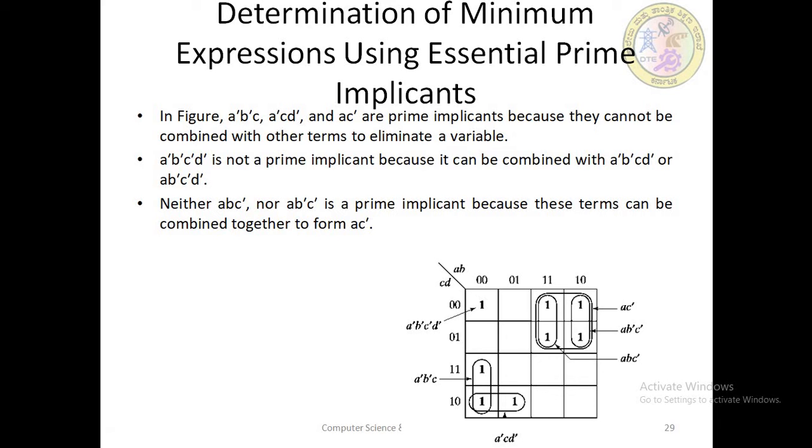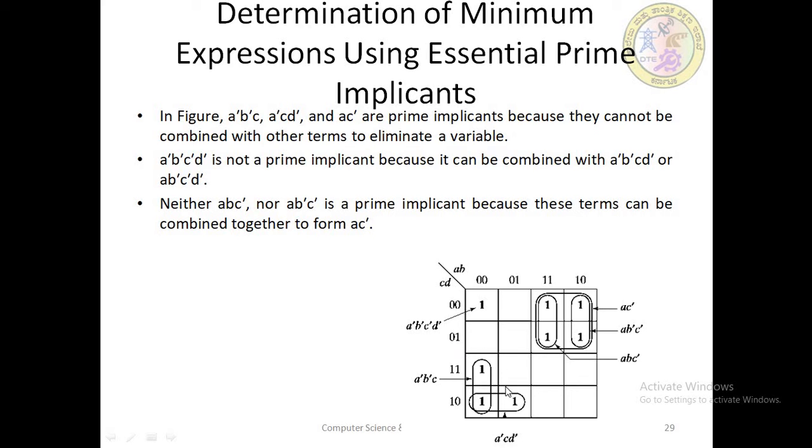Here it is A bar, B bar, C, because you can see this is not combined with any of the other terms, and A bar C D bar, these two, because even though they share a variable, this one is not a prime implicant, because it is sharing with this one to eliminate some variable and get variable D. So we will be calling this one a prime implicant, and these two cannot be combined with any others.